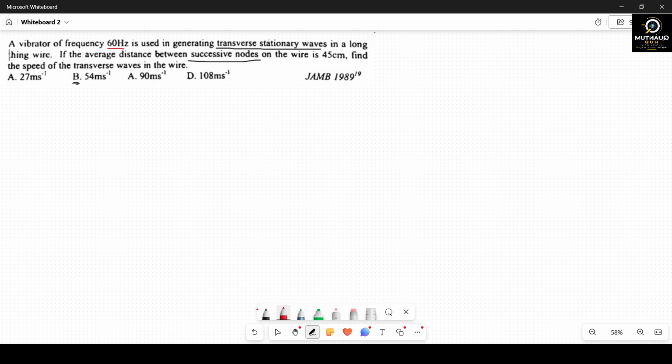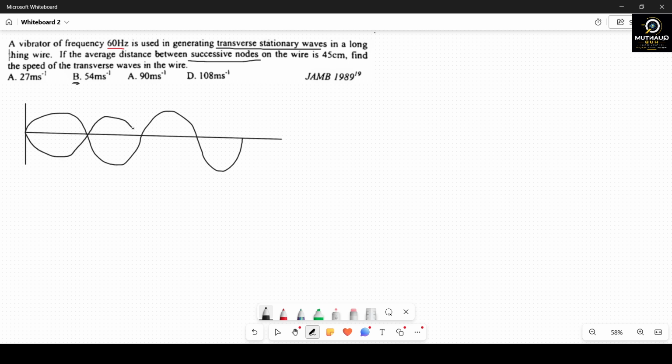Let me use black ink. So we have the traveling waves. The traveling waves is generally this way. It goes up, down. So this is traveling waves, which is called waveform. And I can also draw another one downward. It goes up and then downward, and so on.